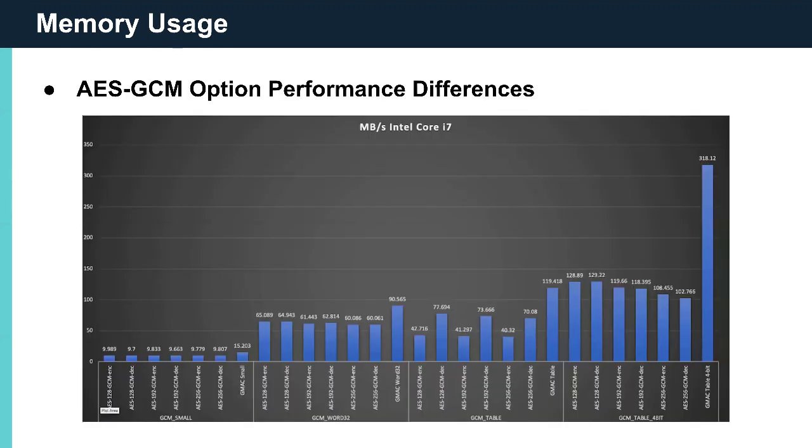So I mentioned the 4 different AES-GCM build options. This is a performance comparison we captured on an Intel Core i7. You can see from left to right, you've got GCM small, word32, table, and table 4-bit, and that's the order they progress in performance. So higher is better here. GCM table 4-bit is our most performant GCM implementation or tuning option.